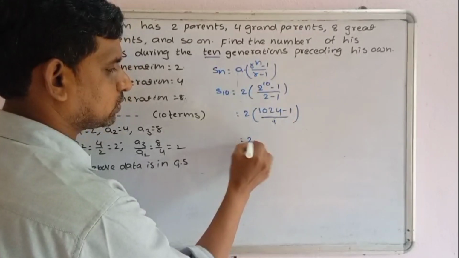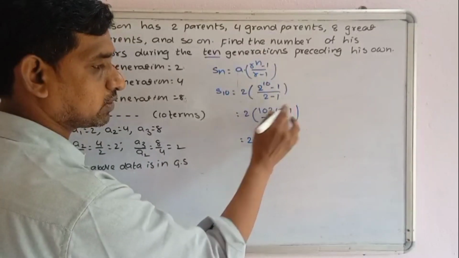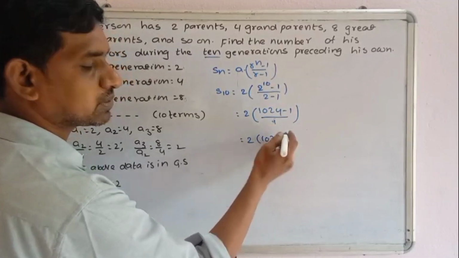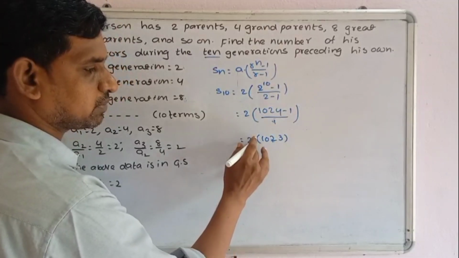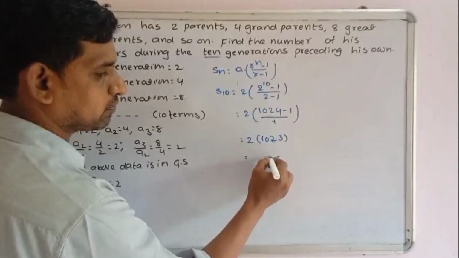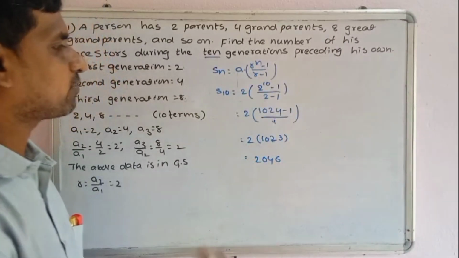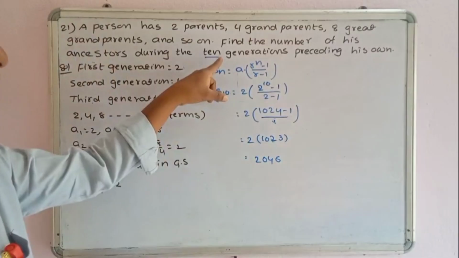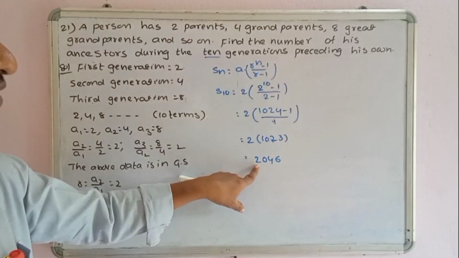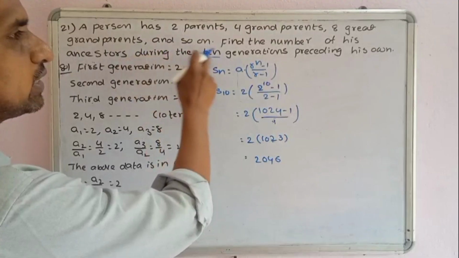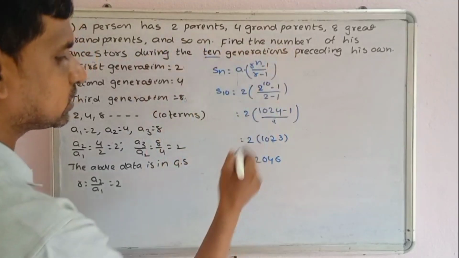Okay. So 2 into 1024 minus 1 is 1023, divided by 1 is the same number. So multiply this number: 2 3s are 6, 2 2s are 4, 2 1s are 2, 2 0s are 0, 2 1s are 2. So after 10 generations, how many ancestors are there? 2046. Okay. So the number of his ancestors during the 10 generations preceding his own.